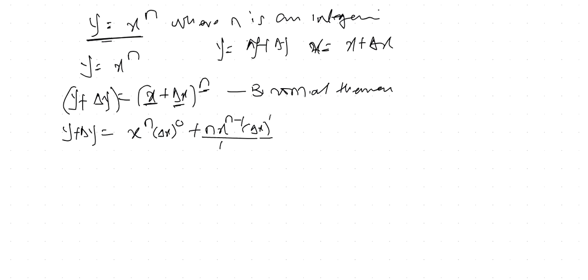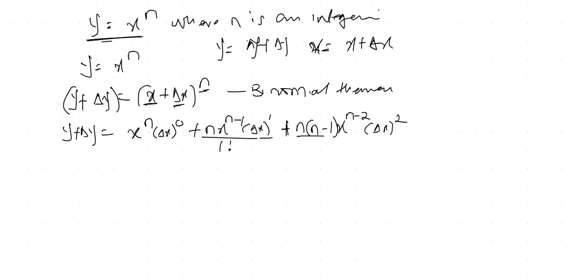Then plus, the next one is n into n minus 1, times x raised to the power of n minus 2, into change in x squared over 2 factorial.